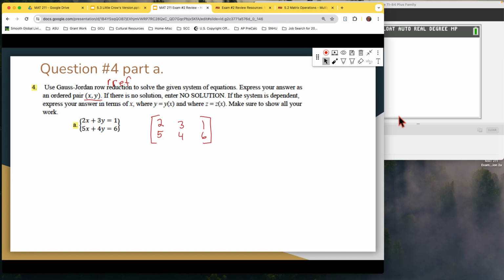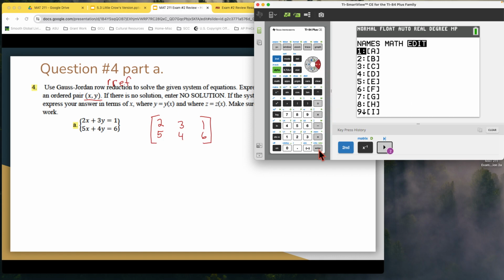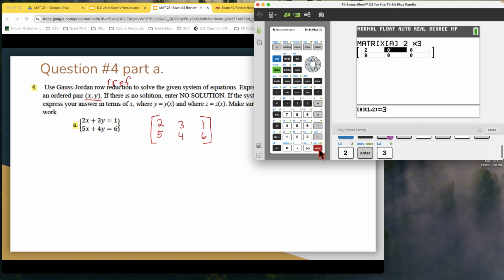The way we've been doing this is we enter it into a matrix. Let's just put it into A. So we go over to edit, and it is a 2 by 3. We enter the matrix 2, 3, 1, 5, 4, 6.